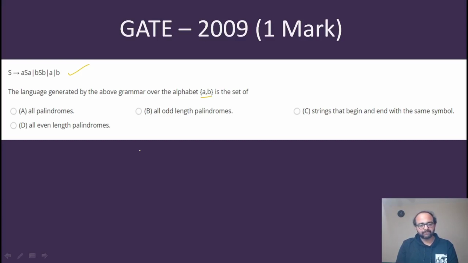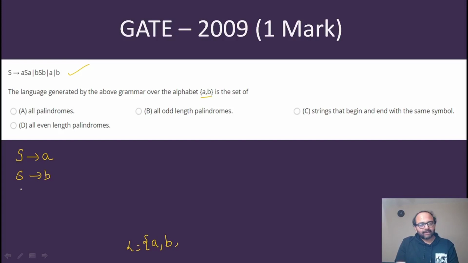So I'll consider first taking the smallest strings generated from this grammar. So S tends to a. So language L contains a, and then S tends to b. So b is also generatable from this grammar.